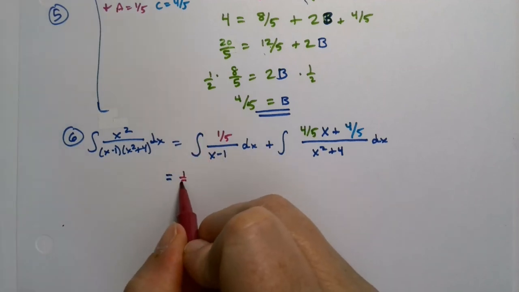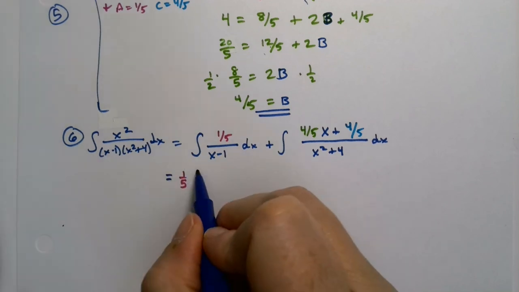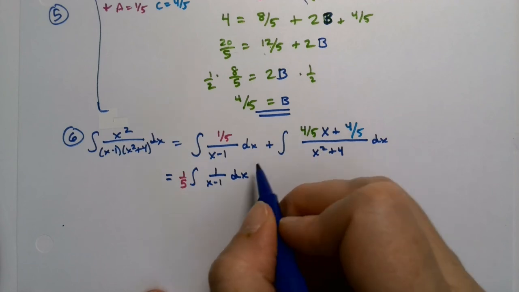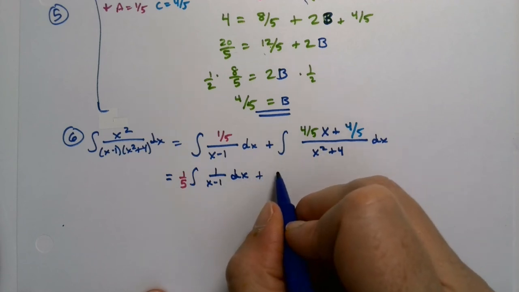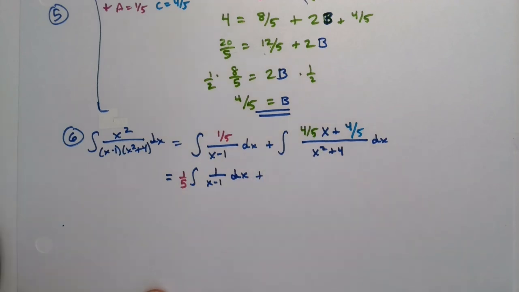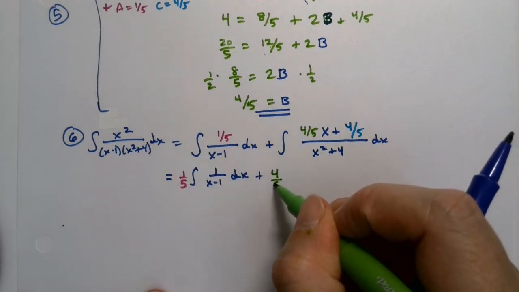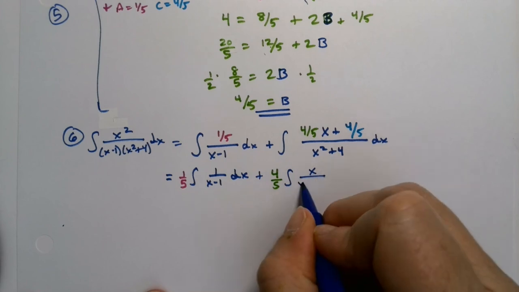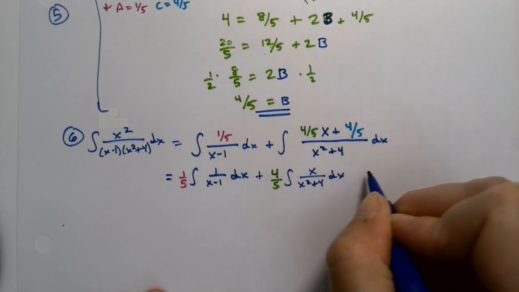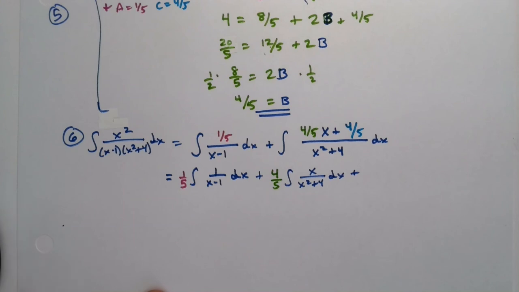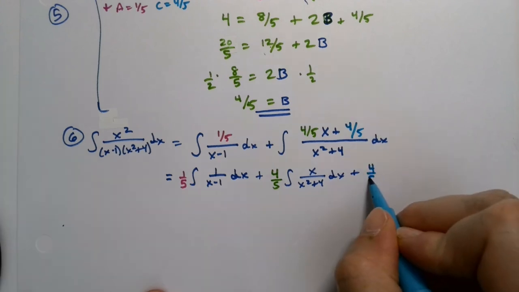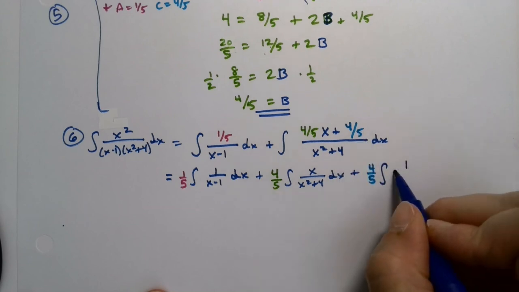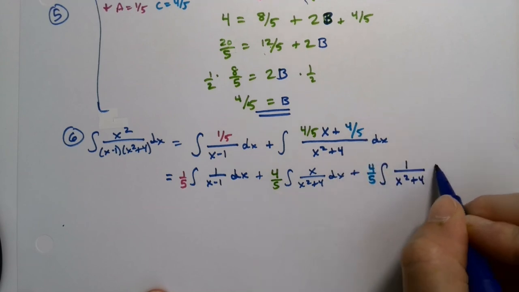So this is 1/5 integral of 1 over x minus 1 dx. I know I could do that one pretty easily. Plus, then this is 4/5 an integral of x over x squared plus 4 dx plus another 4/5 integral of, there's nothing left out here, so it's just 1 over x squared plus 4 dx.